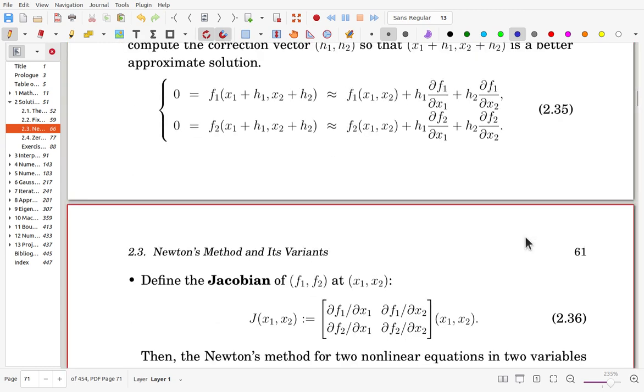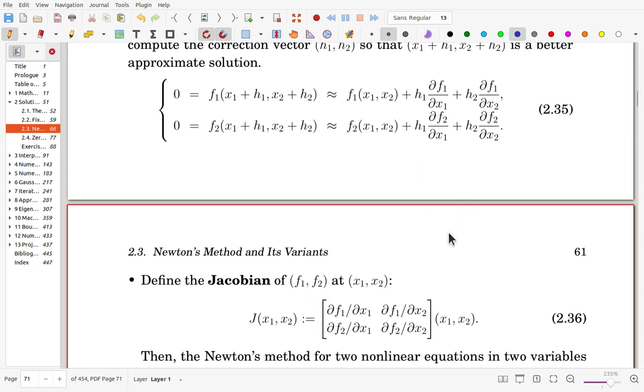Now, the main objective is to find the correction vector. So we collect these derivatives and call it the Jacobian of F1 and F2.